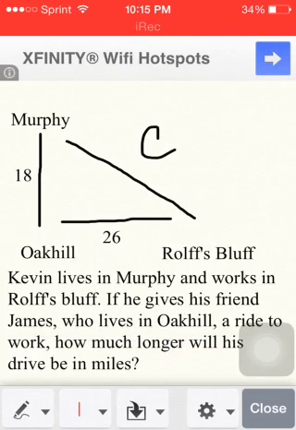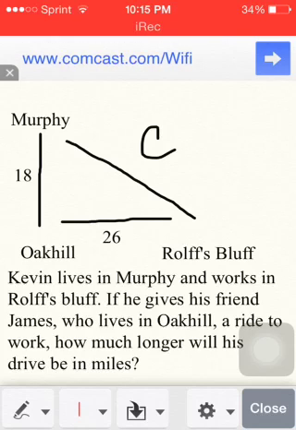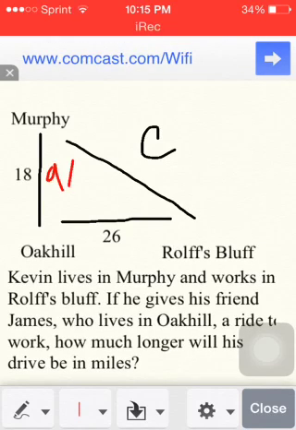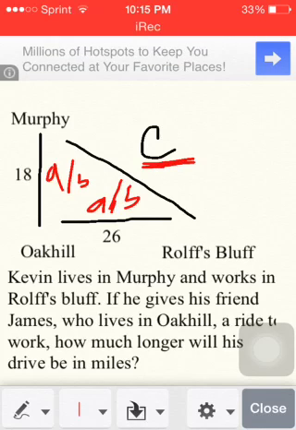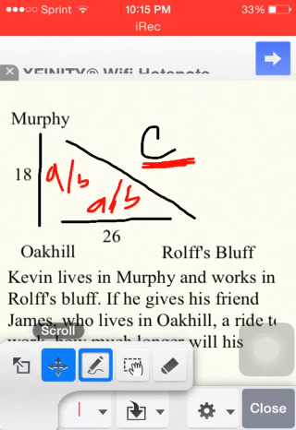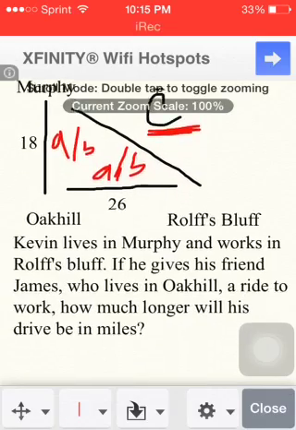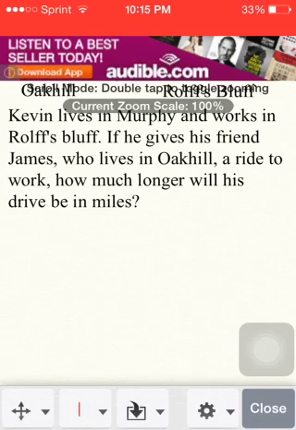So on the Pythagorean theorem, this side is A or B, and this side here is A or B. It doesn't matter, but this side here is always C. And so when we set up our Pythagorean theorem, we need to be sure that we put these values in the right space.